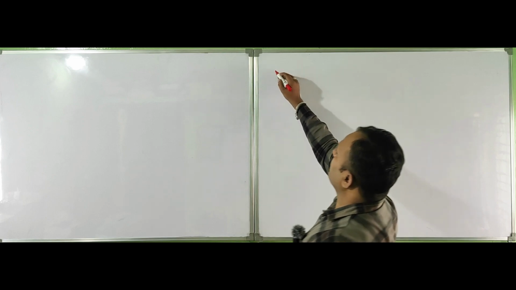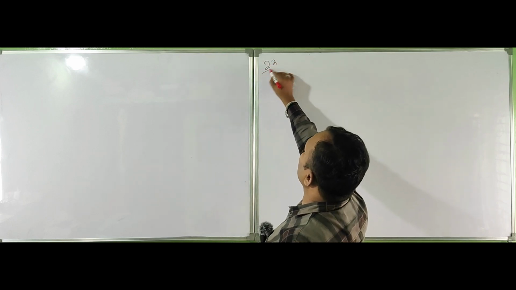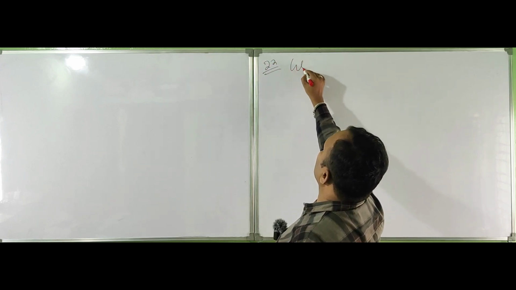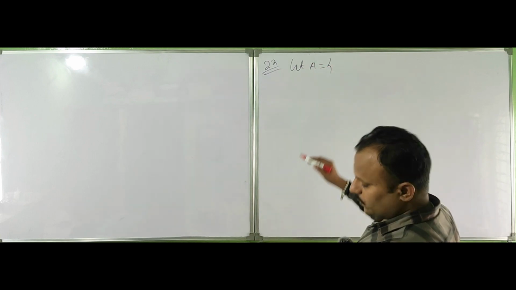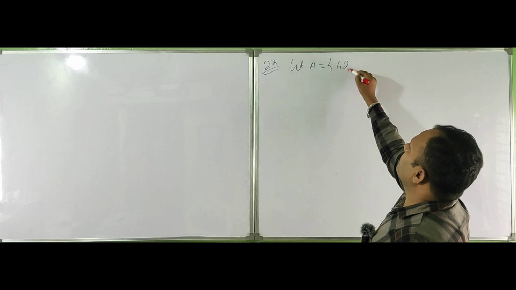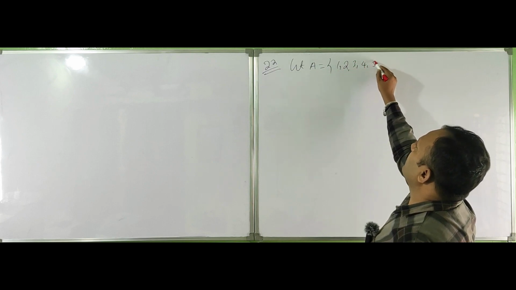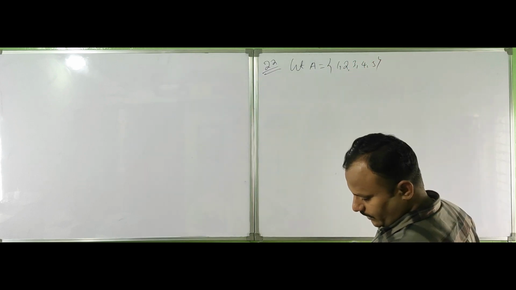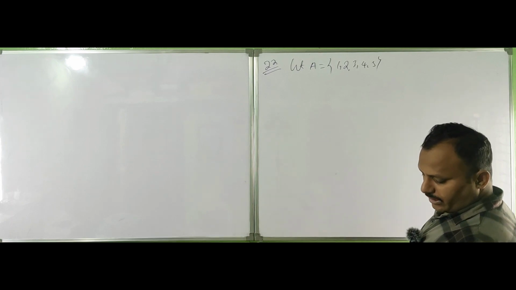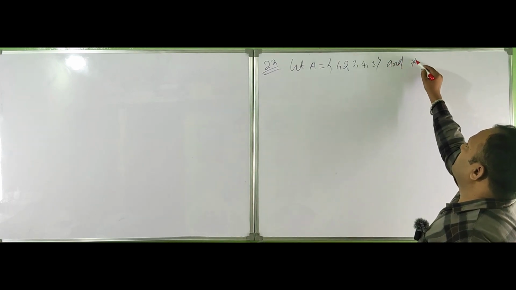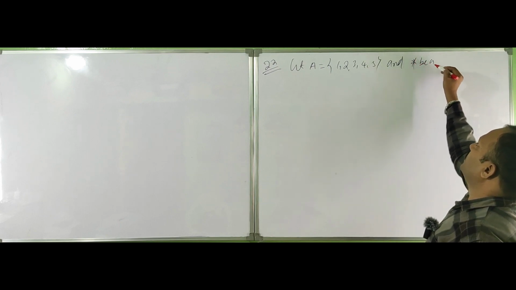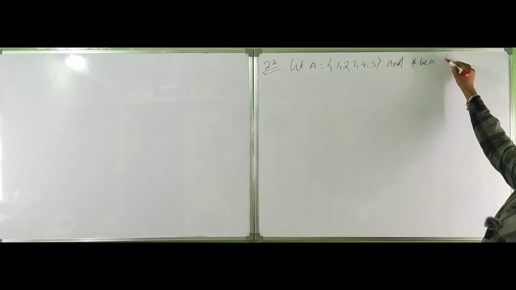Example 22. Let A equal the set {1, 2, 3, 4, 5}, and let star be a binary operation.